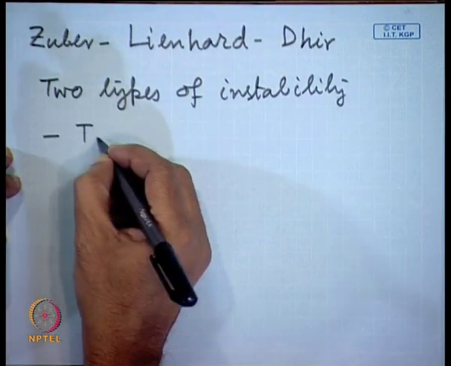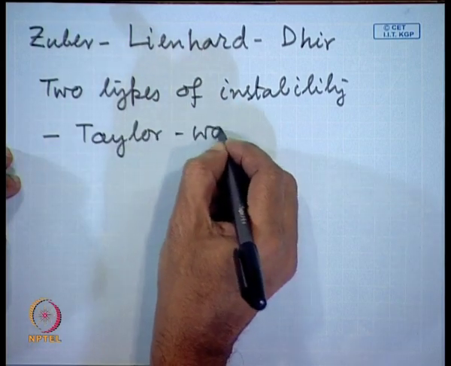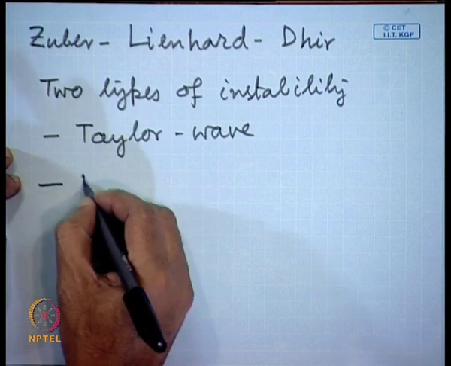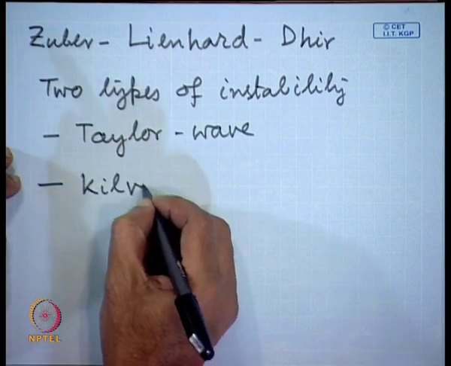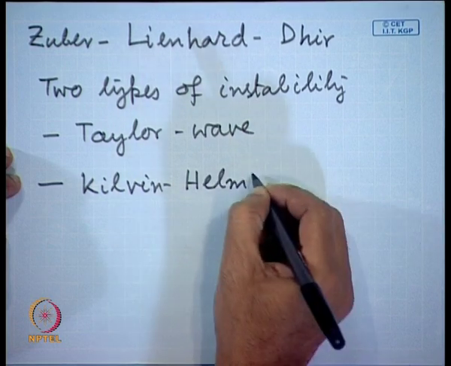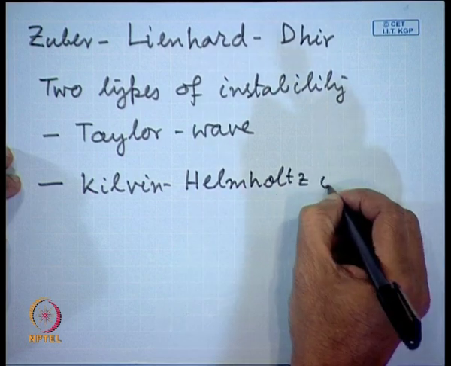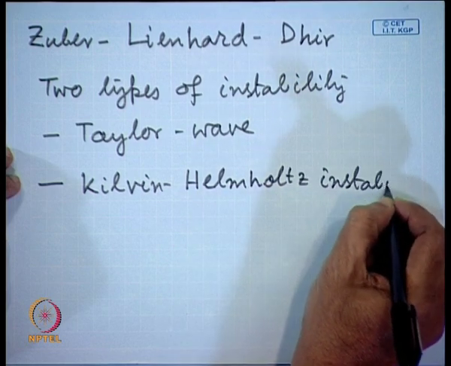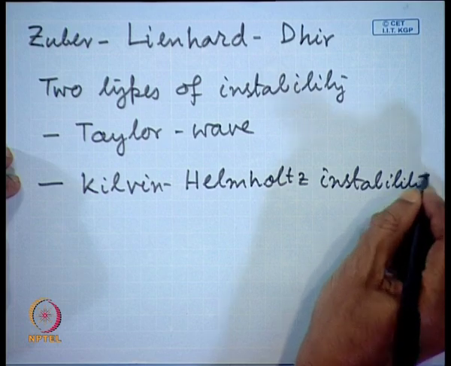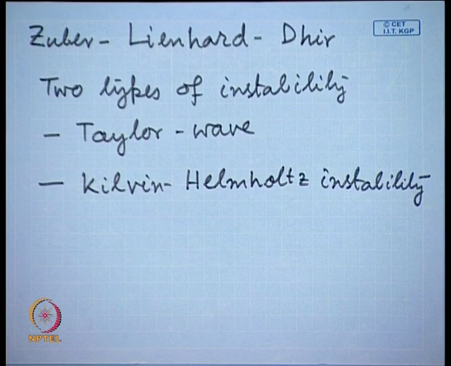One is a Taylor wave type phenomena, another is your Kelvin-Helmholtz instability. Now, what is Taylor instability, or Taylor, sometimes it is also called Rayleigh-Taylor type of instability?